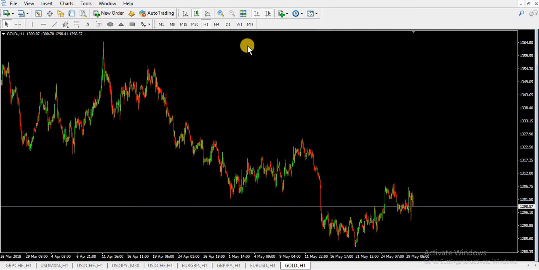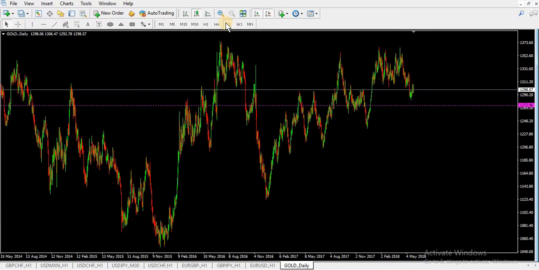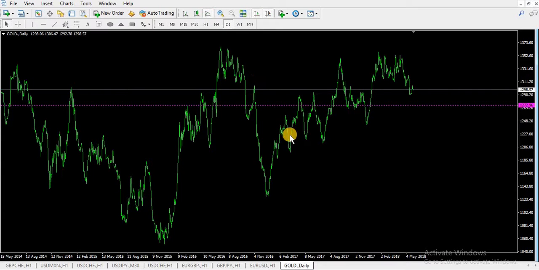Before I start anything, I wanna go to the daily chart so that I can see where the trend is at and draw my major lines. I'd like to turn this into a line chart so that I can see the overall movement of the trend, and then I can draw it.